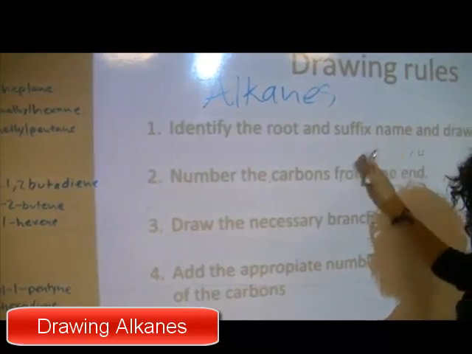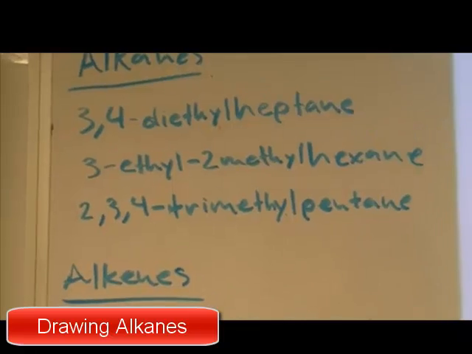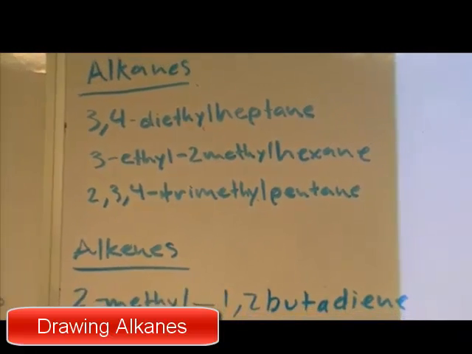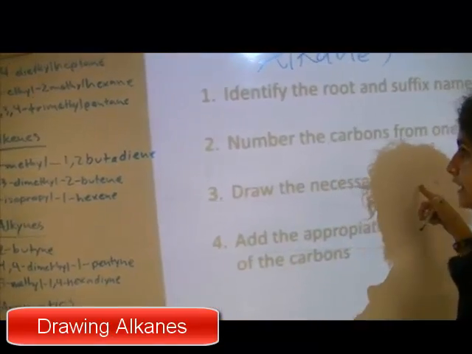Now the second is 3-ethyl-2-methylhexane. It's a chain with 6 carbon atoms, a methyl in the carbon number 2 and 1 ethyl in the carbon number 3.